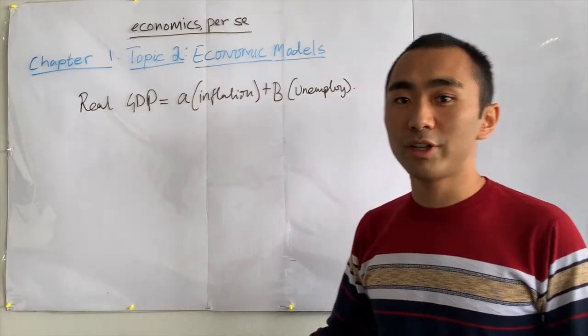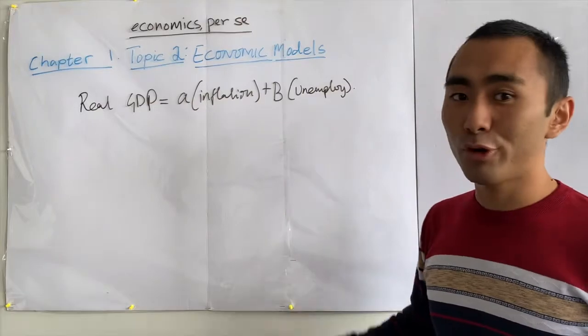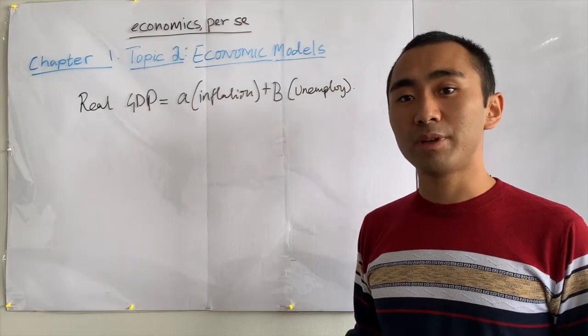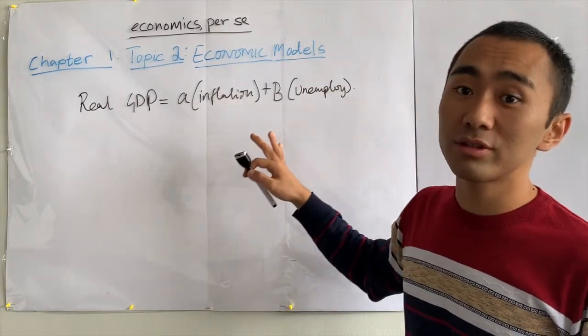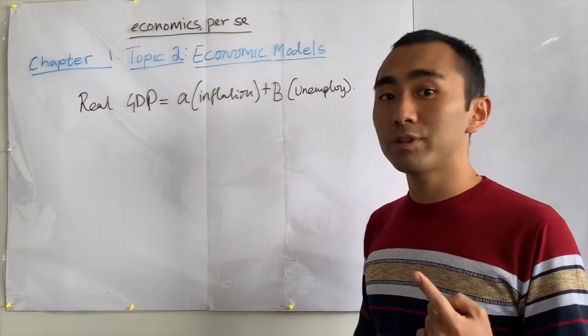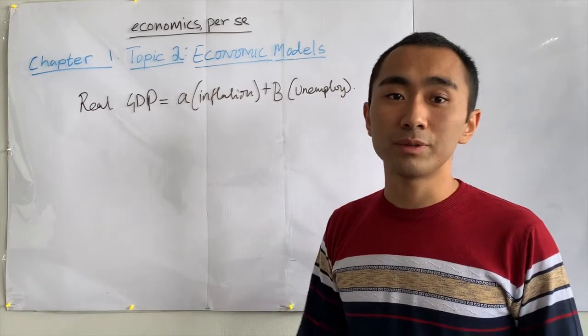Here, it shows us the relationship between real GDP, inflation, and unemployment. Here, A signifies by how much real GDP changes with 1% change in inflation while unemployment is constant, and B shows by how much real GDP changes with 1% change in the unemployment rate while the inflation is held constant.